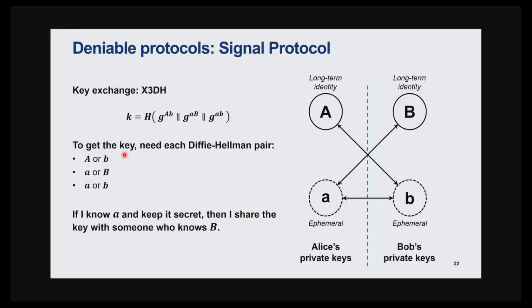So from Alice's perspective, looking at this second line here, Alice knows that she generated little a. She knows that she kept little a secret. So whoever else knows this session key K must know big B and therefore must be Bob. So this is where Signal gets its authentication from.